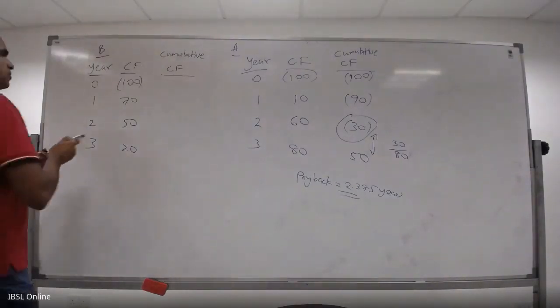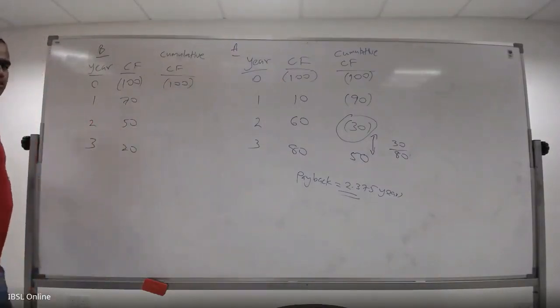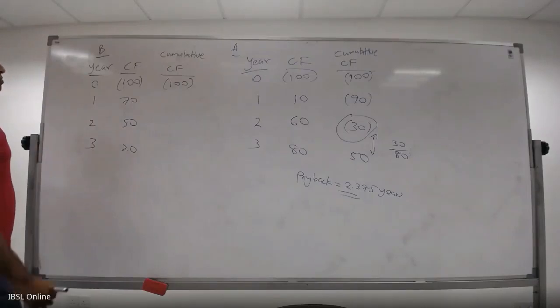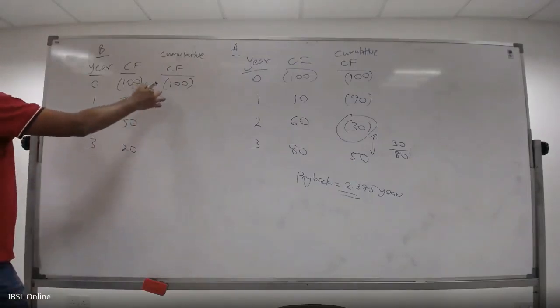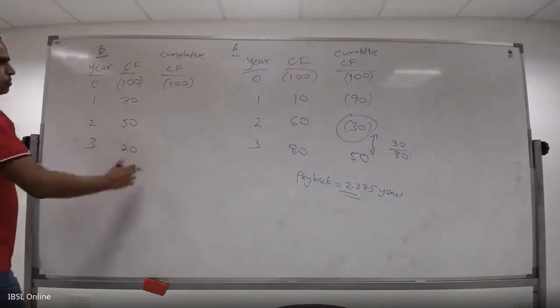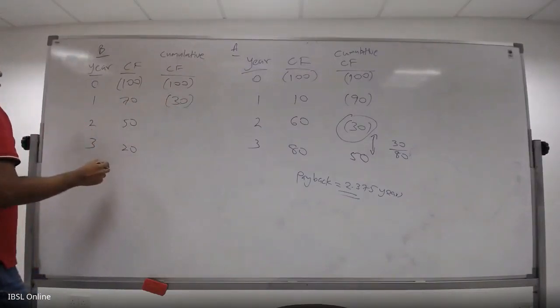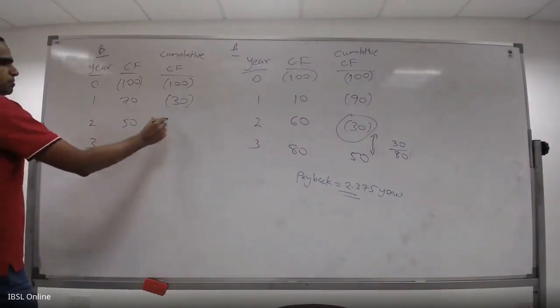Then the cumulative cash flows: minus 100 immediately. Then at the end of the first year, you have minus 100 plus 70, which is minus 30. Then the second year, you receive 50, so minus 30 plus 50 is plus 20.